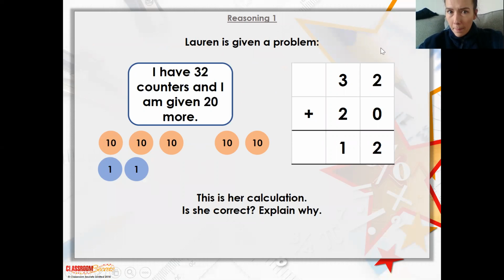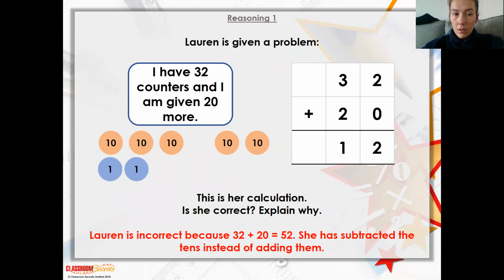Where has she gone wrong there, everybody? Because that number is smaller, so it can't mean that she's been given more. So she's incorrect because 32 add 20 is 52, and she has subtracted them instead of adding them. So she's got mixed up with her signs.